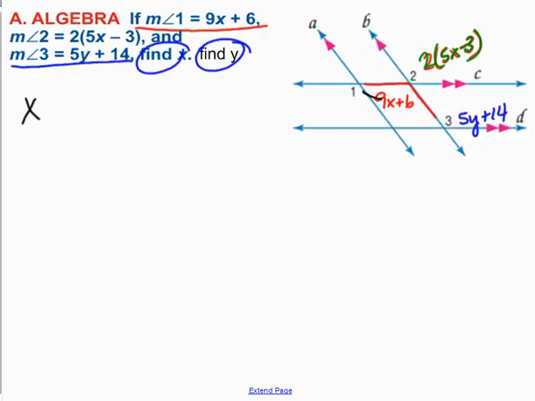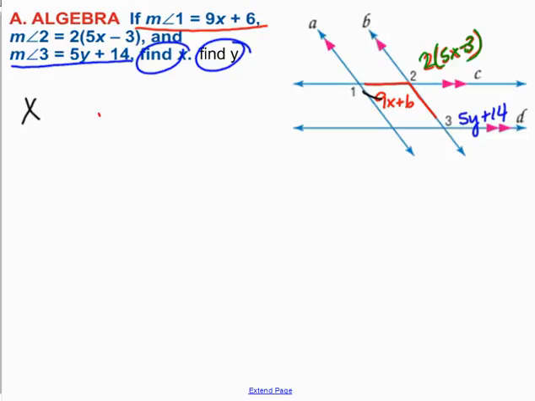That's the same angle. They were corresponding before. Now they're just slid down. So then I can look at that and say, oh, well, angle 1 and angle 2 look like they're vertical angles. So I'm going to set them equal to each other because if they're vertical angles, they're congruent.